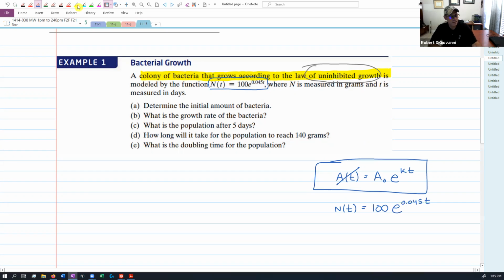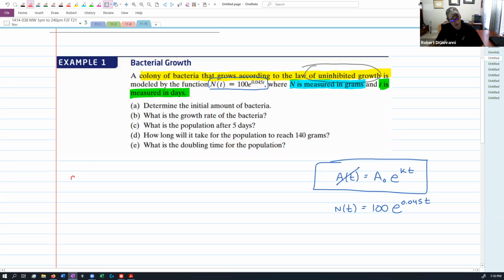They tell us here that the N is measured in grams. So they're weighing the bacteria, and the time is measured in days. So with that sentence, we have everything we need to answer the following questions.